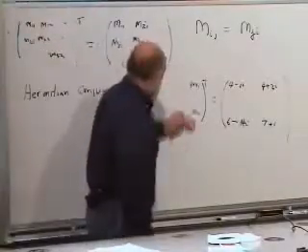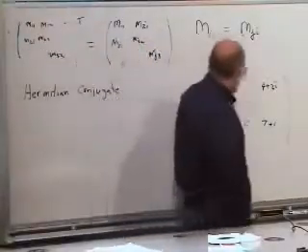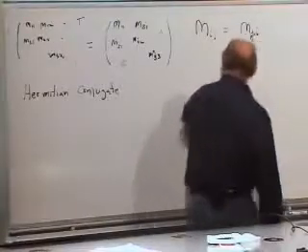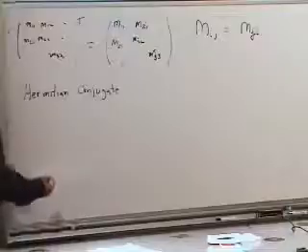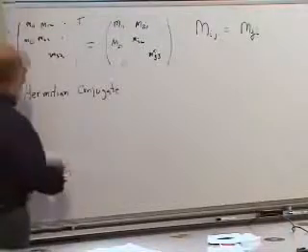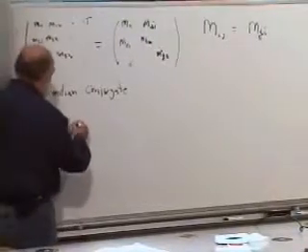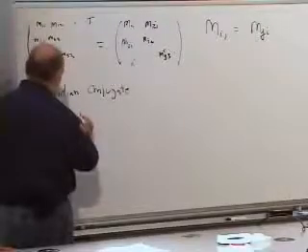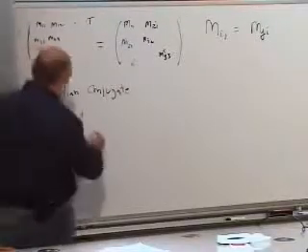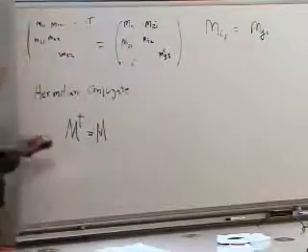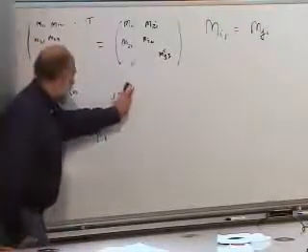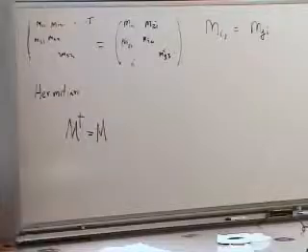A Hermitian matrix is a little more complicated. A Hermitian matrix is a matrix which is equal to its own Hermitian conjugate. So if you have a matrix and you Hermitian conjugate it, if it is equal to the original matrix, it's called Hermitian. That's the definition of a Hermitian matrix.